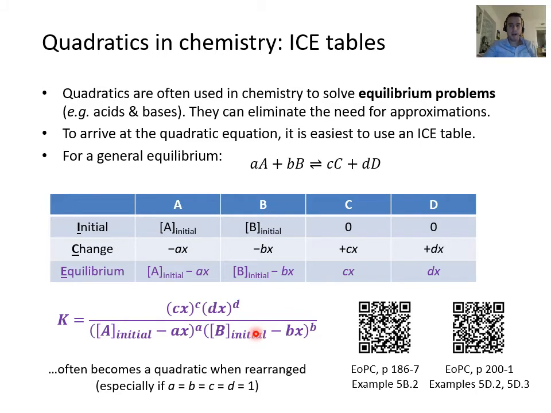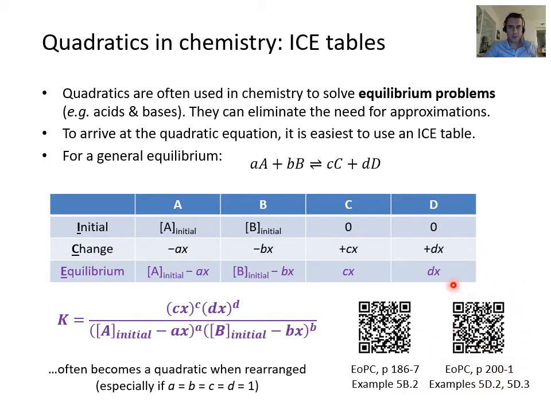If you want to see some more examples of this being worked through, there are plenty in Elements of Physical Chemistry, and I've linked to both here. I think there's one example on this one, B2, and there are 2 examples here, and these are both acid-base examples.